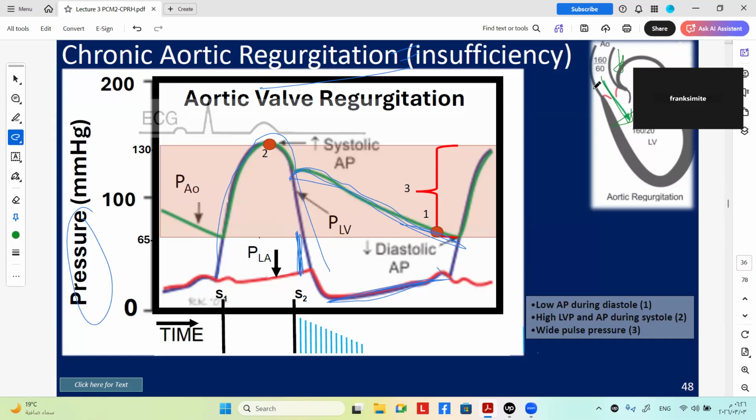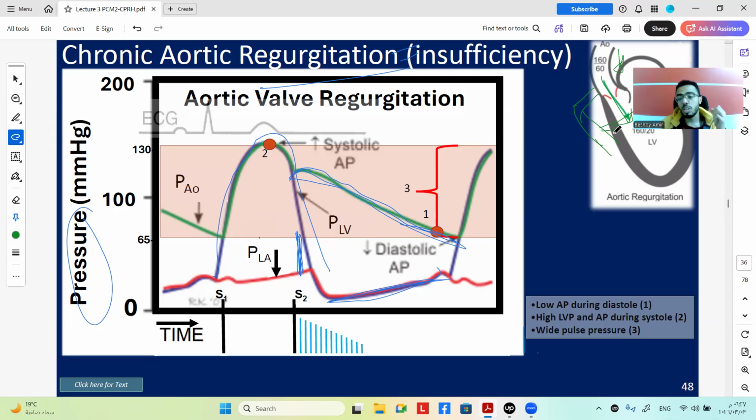The first branch of the aorta is the coronaries, right? So we have the coronaries giving blood to the heart. Do you think the heart muscle takes its blood supply from the coronaries during systole or diastole? I guess during diastole, because there's more time. Yes, it's more time and it's not contracting.